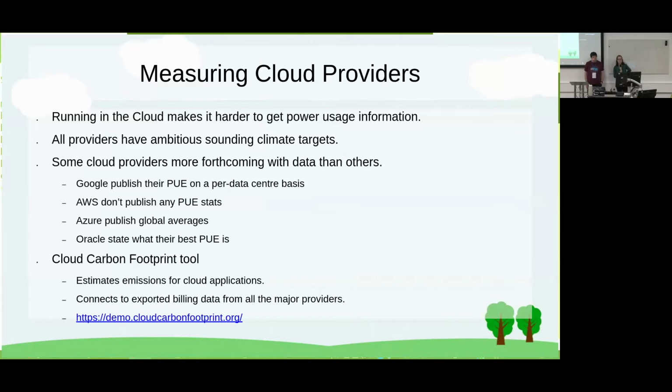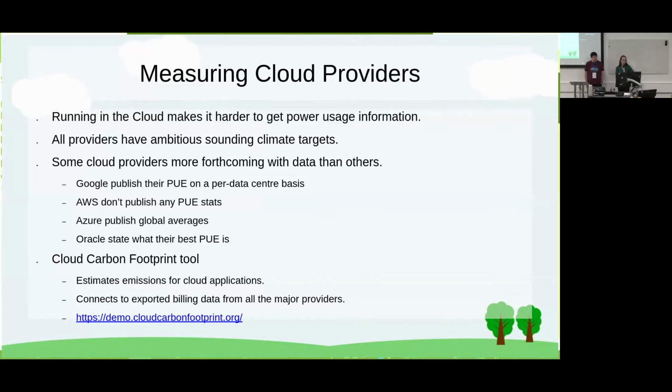Some are more forthcoming with their data, so some provide more data than others on this topic. So just thinking about some of the big players, Google, AWS, Azure, Oracle. So just some differences we've highlighted here in terms of what they do and don't publish. So remember this PUE is the power usage efficiency.